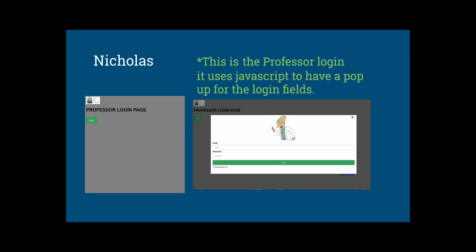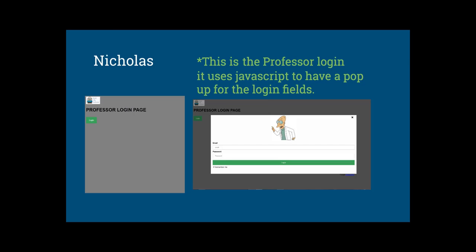This page right here is the professor login. As it says there, it uses JavaScript to have a pop-up for the login fields, for the email and the password. It also has a Remember Me option down there in the bottom left of the second picture, so that way the user's login information will be remembered by the computer for the next time they try to sign in.